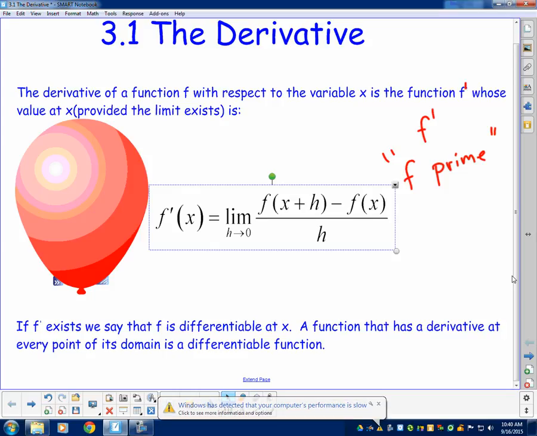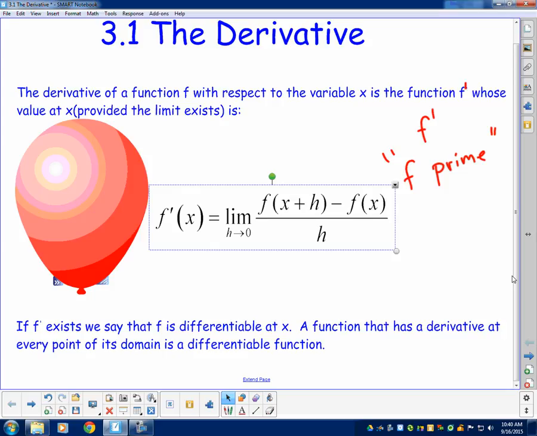If f prime exists, we say that f is differentiable at x. So let's talk about differentiability. A function has a derivative at every point of its domain if... let's just say a differentiable function.